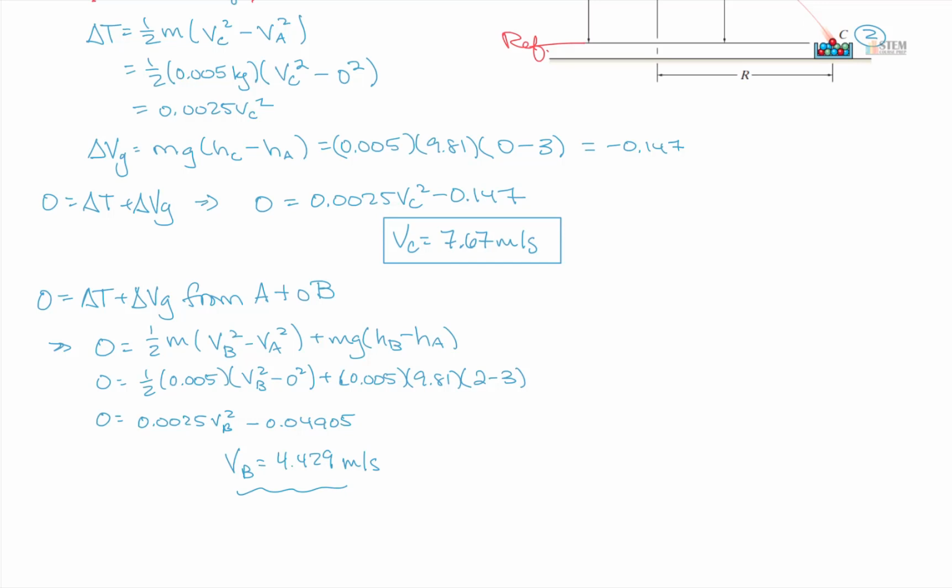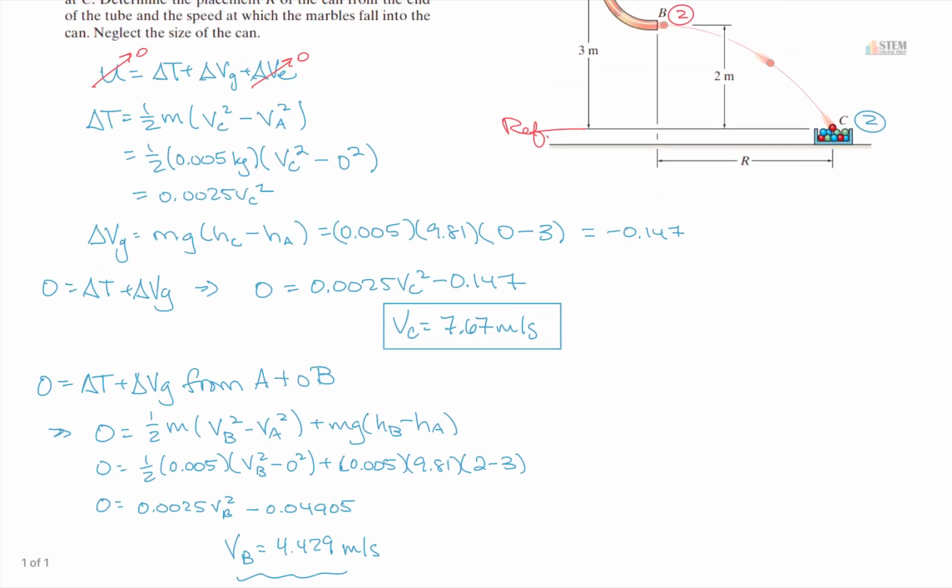Now the way we're going to find R is to use kinematics, because if we look at this point, once it comes out of B, this is just like a projectile problem, right? And we're concerned with the x direction. So let's use our x equation from kinematics to find that.